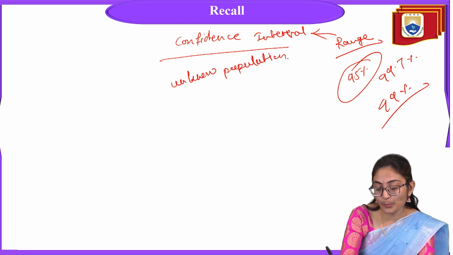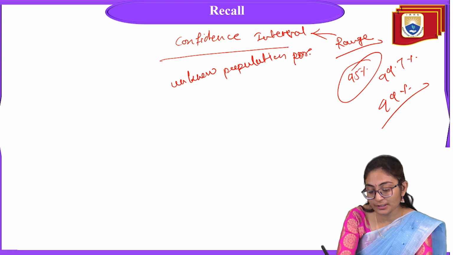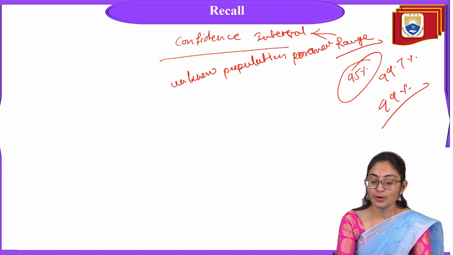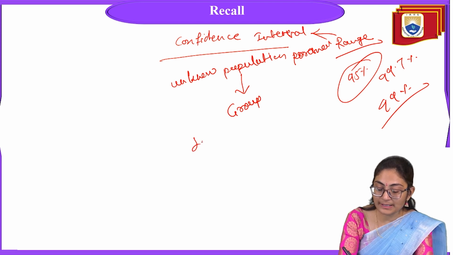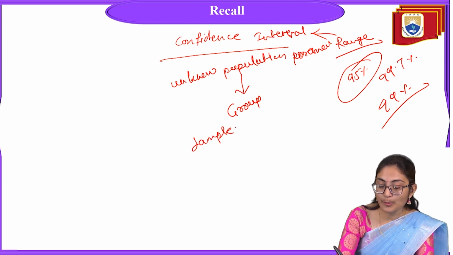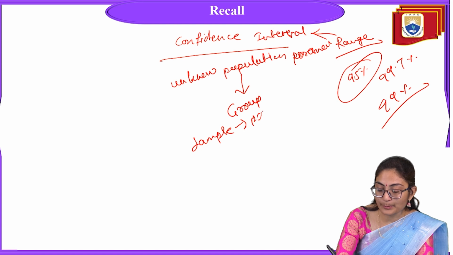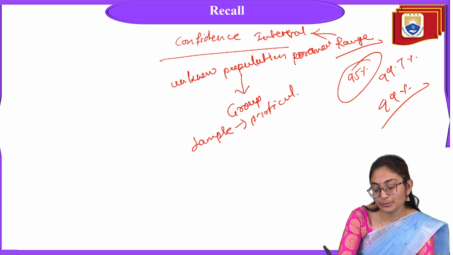And you know what population is and what a sample is. Population is a group and a sample is a particular group.